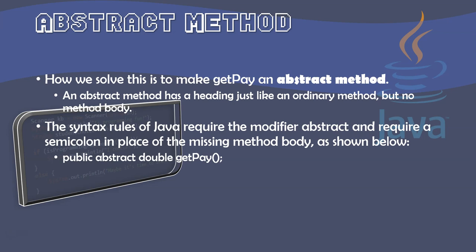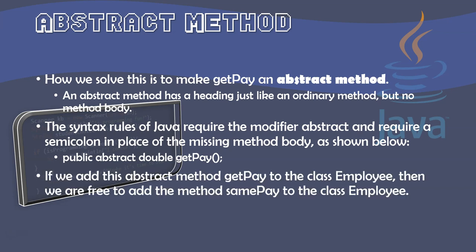The syntax rules of Java require the modifier abstract and a semicolon in place of the missing method body, such as: public abstract double getPay(); Seems simple enough. If we add this abstract method getPay to the class Employee, then we're free to add the method samePay that we previously wrote to the class Employee, because now getPay exists.